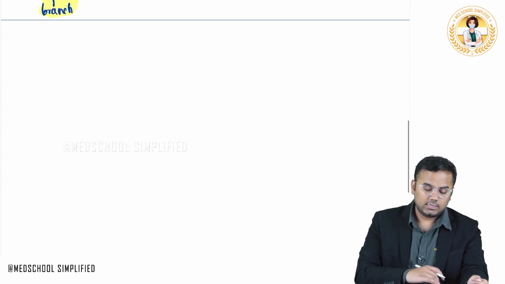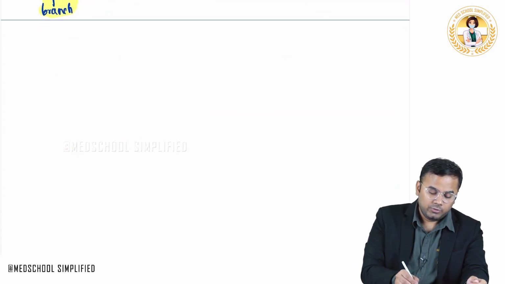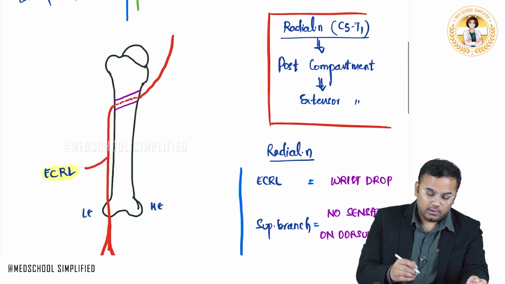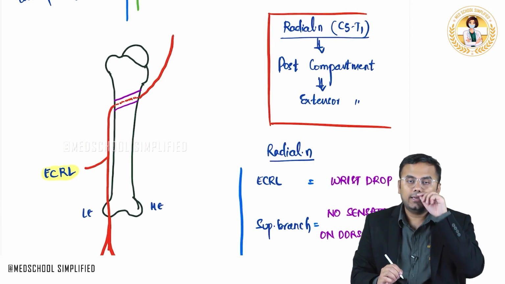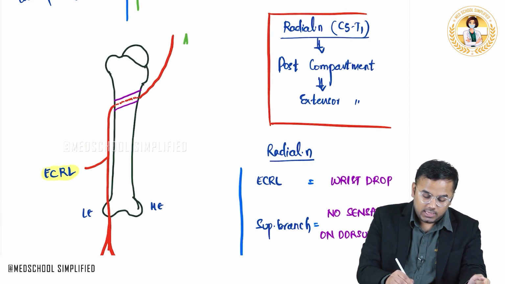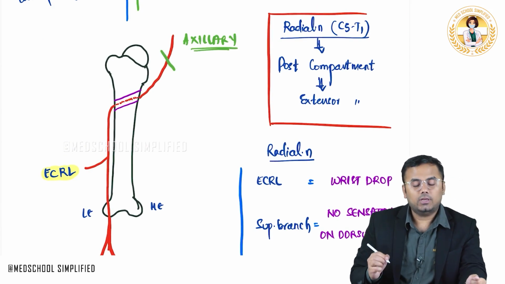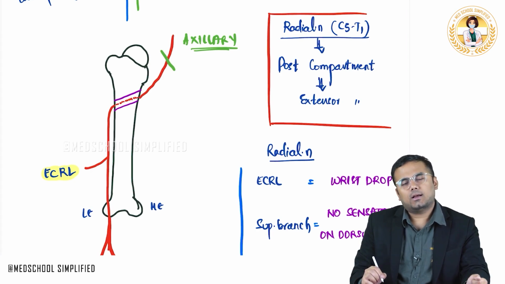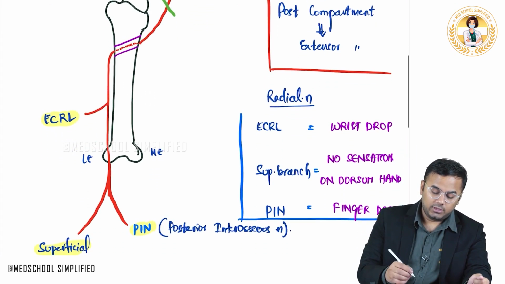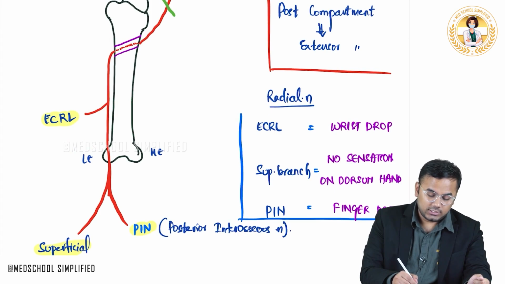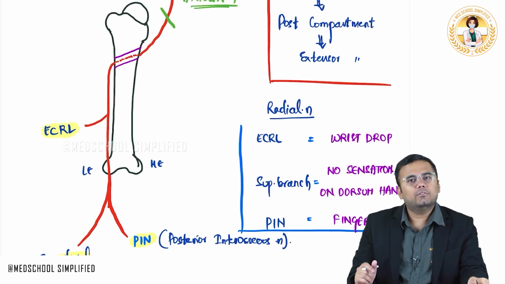So let us discuss the cases now one by one. For example, as I already told you, this is the axillary region. In the axillary region, if there is damage to the radial nerve or compression of the radial nerve, tell me about the next part, which is in the spiral groove, ECRL. The remaining part of the radial nerve, will it work?